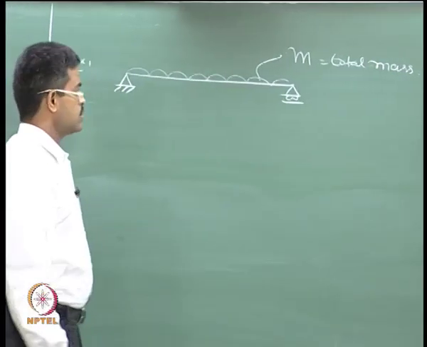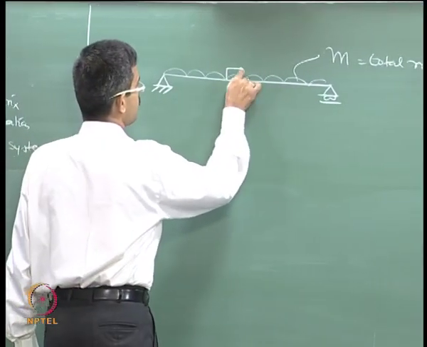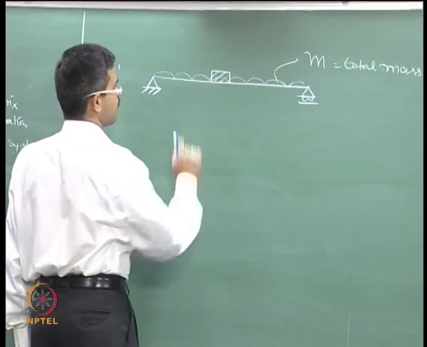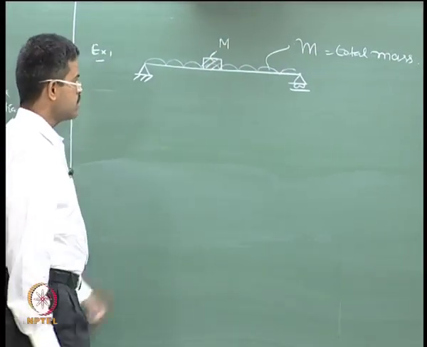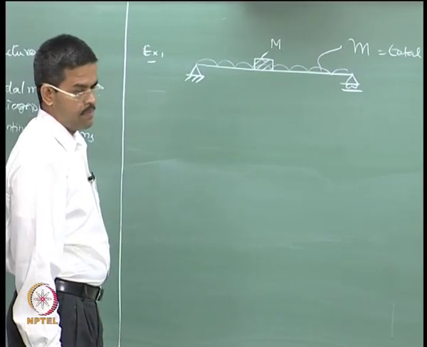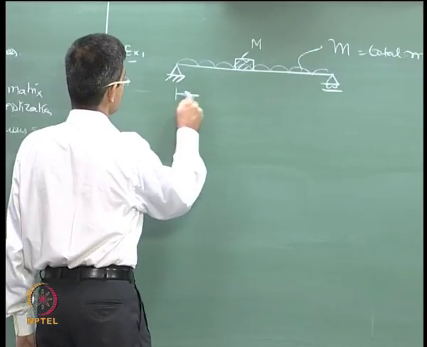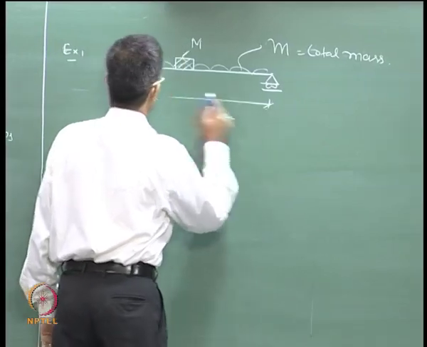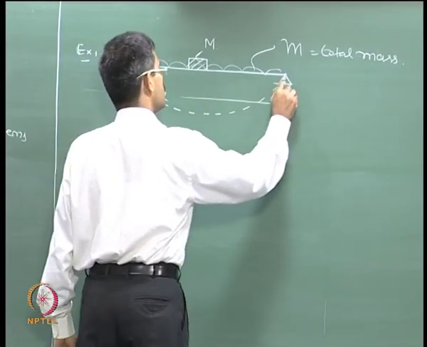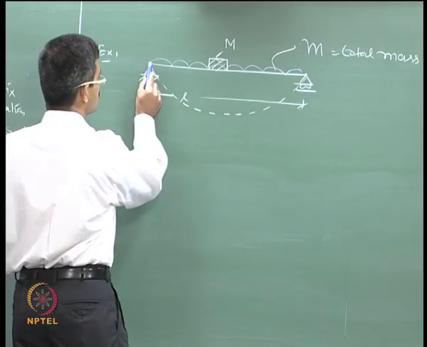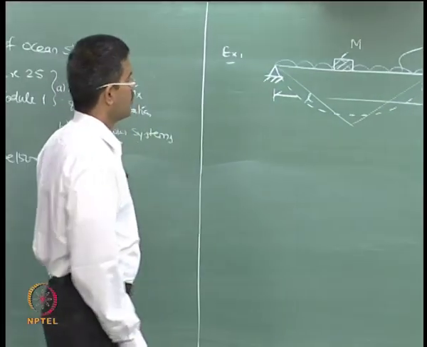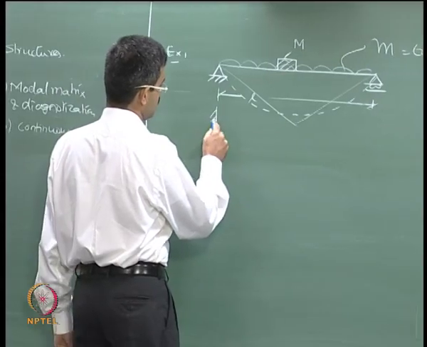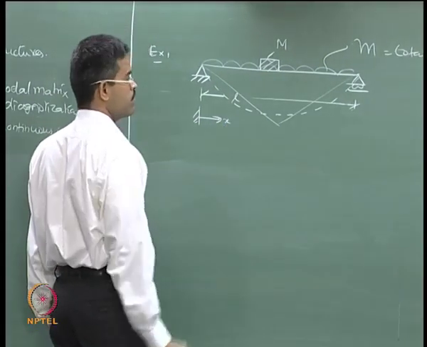In addition, it is also subjected to a force at the center, but for dynamics purpose I take this as m, which is again a mass which can be W by g. So let us say this is my L, and this becomes my deflected profile for the UDL, and this becomes a deflected profile for my central point load. And let us say I have an origin here where x starts from here.